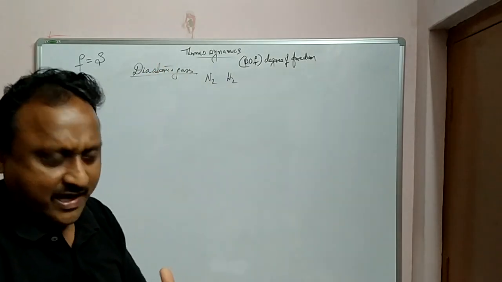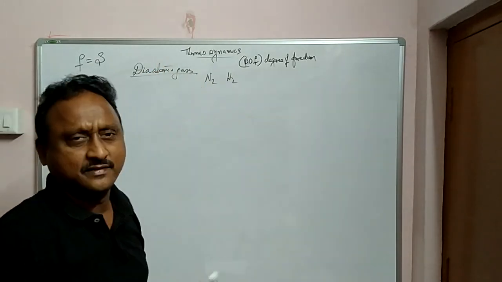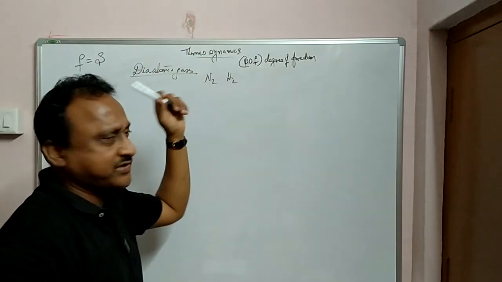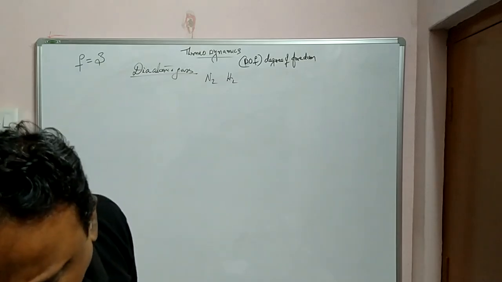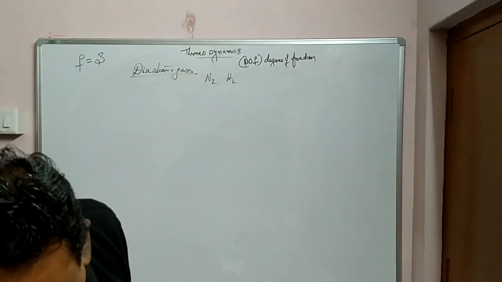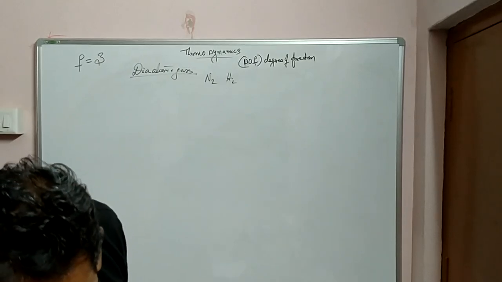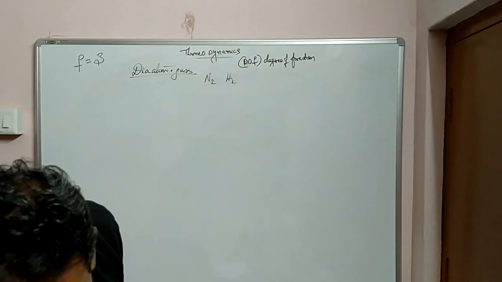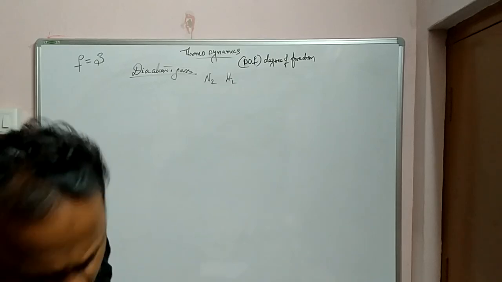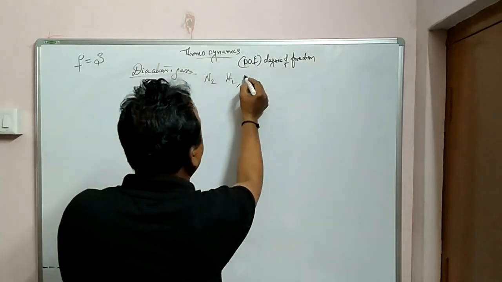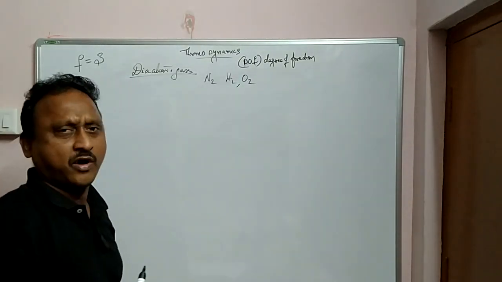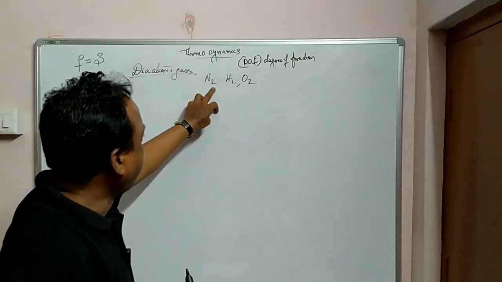Nitrogen gas, hydrogen gas. You can also note other examples if you want in diatomic gases, and those are sometimes CO2, and O2 also you can take, oxygen molecule, nitrogen molecule.